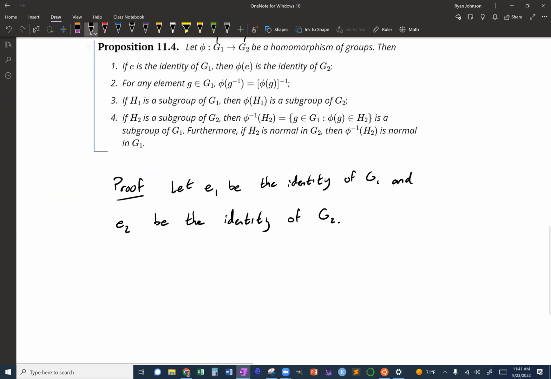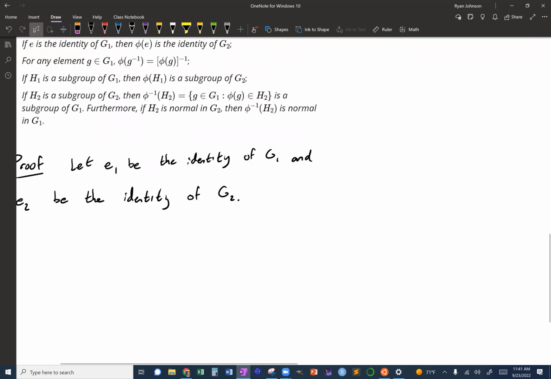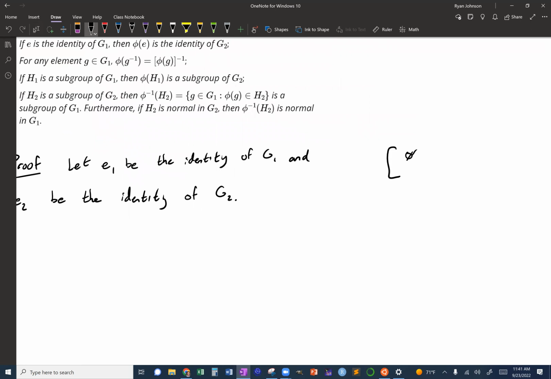Okay. So basically I'm going to write over here, I want to show that phi of E1 equals E2. This is the sort of equation I'm going for. So this is side scratch work. So what are some things I could do here?